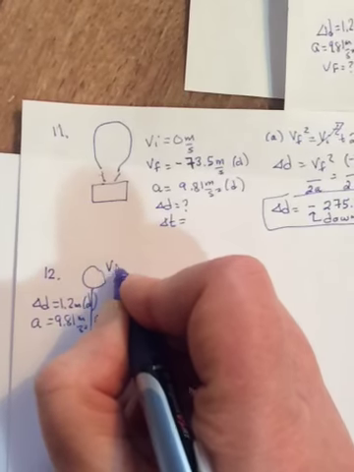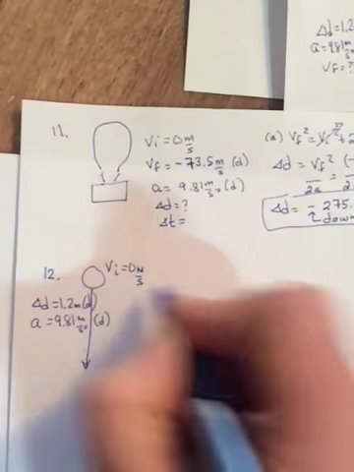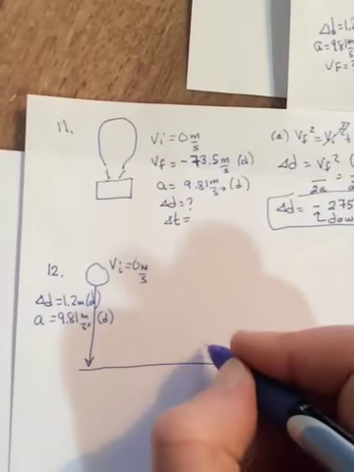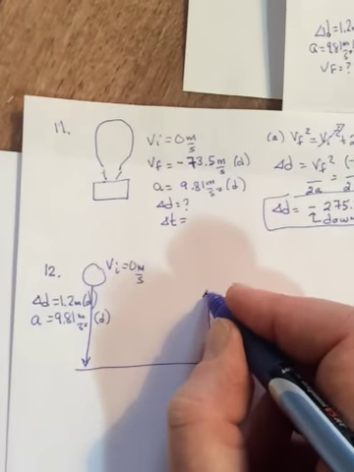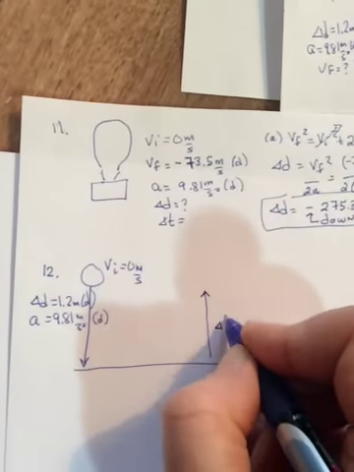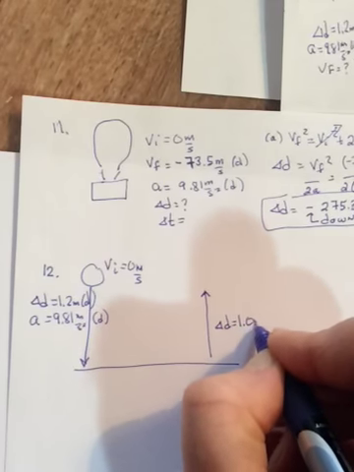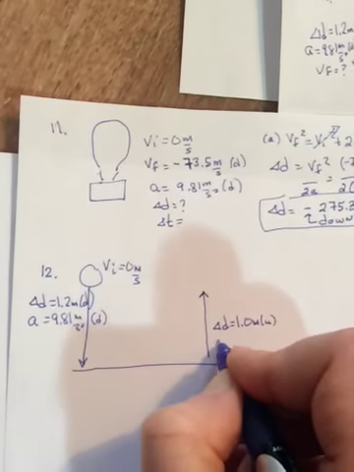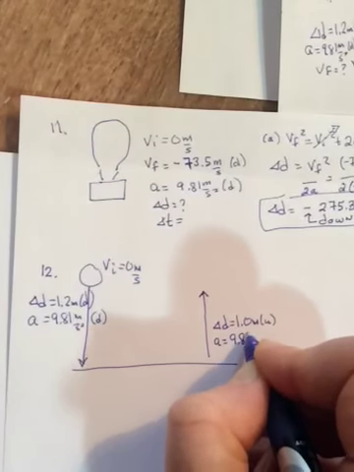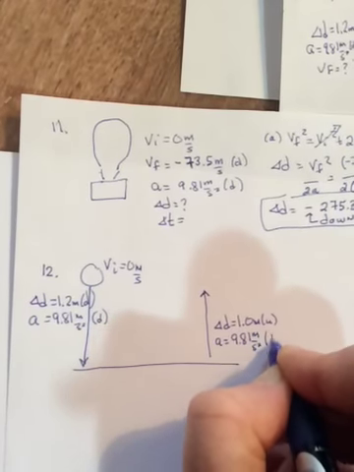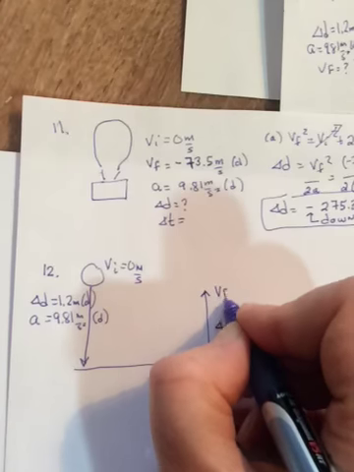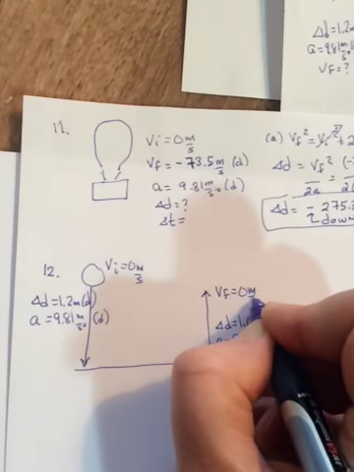And if you're dropping it, the VI is 0. After it hits the ground, it bounces back up, but not as high. So the delta D here is just 1 meter, and it's up. A is still 9.81 meters per second squared, down, and it's going to go up until it stops.